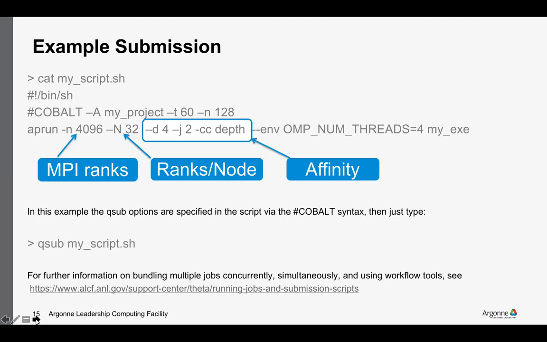And then the ranks and ranks per node should line up with the number of nodes requested from Cobalt. And in this example, you'll see that the QSub options are specified in the script using the #COBALT syntax shown, in which case you can just type qsub and then the name of the script. For more information on bundling multiple jobs concurrently, simultaneously, or using workflow tools, please see the link at the bottom.